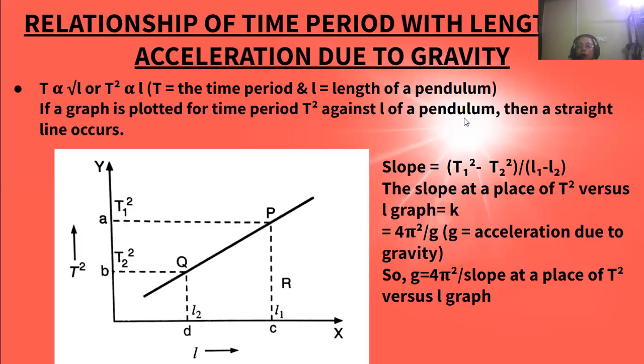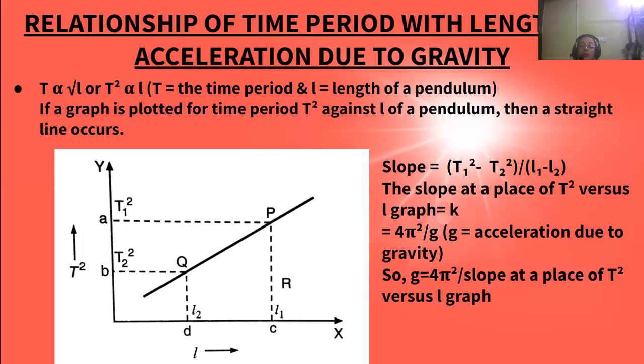Now, if we plot this relationship of time with length and acceleration due to gravity, we will see that T is directly proportional to the square root of length, where length is the effective length. Or you can say T square is directly proportional to length.